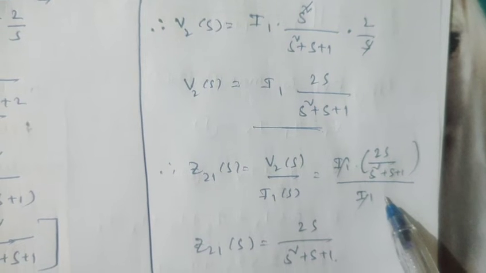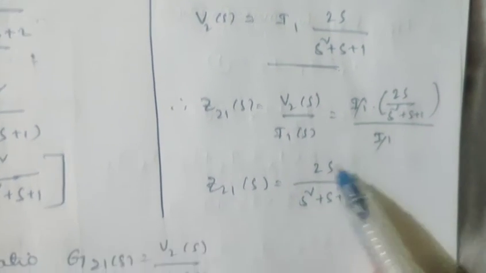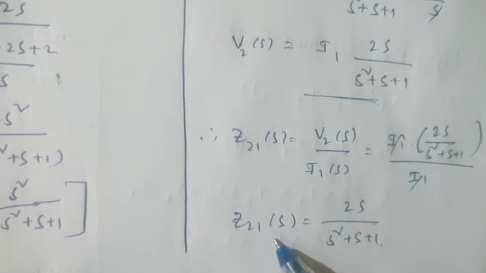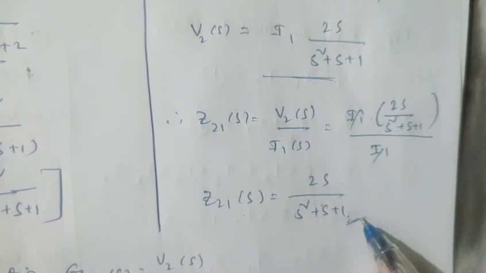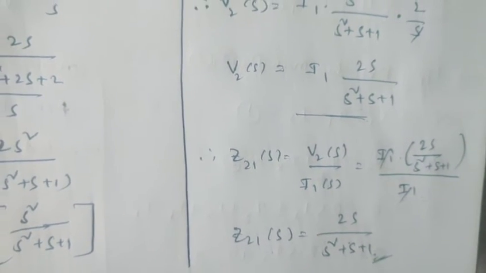From here we find the transfer impedance Z21 of S, which is V2 of S by I1 of S. Substituting V2 of S and canceling I1, we get Z21 of S is equal to 2S by S square plus S plus 1. So this is your transfer impedance value.